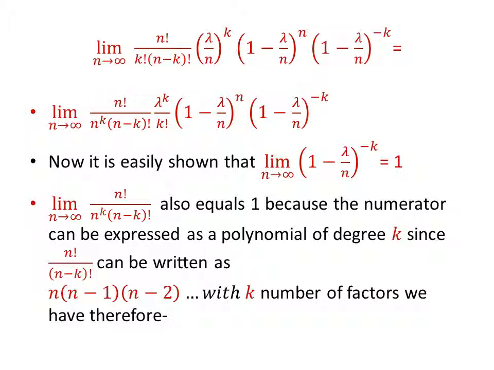If you will notice, we have n factorial over n minus k factorial, which can be simplified as simply a series of factors in the numerator, which I have delineated here as n times n minus 1 times n minus 2, etc., with k number of factors.